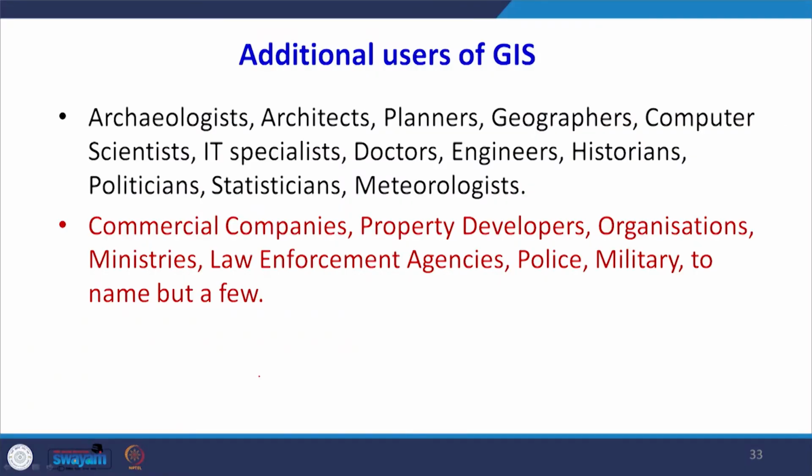There are additional users of GIS: archaeologists, architects, planners, geographers, computer scientists, IT specialists, doctors in medical science, engineers, historians, politicians, statisticians, and meteorologists. They are all using GIS to link the database with spatial maps.